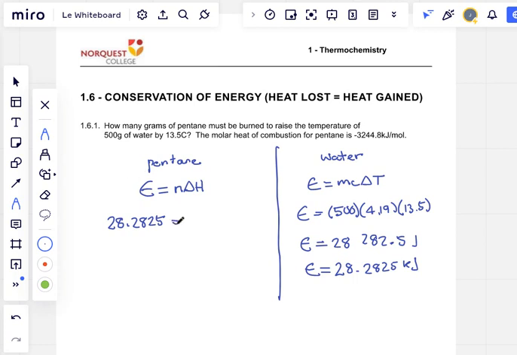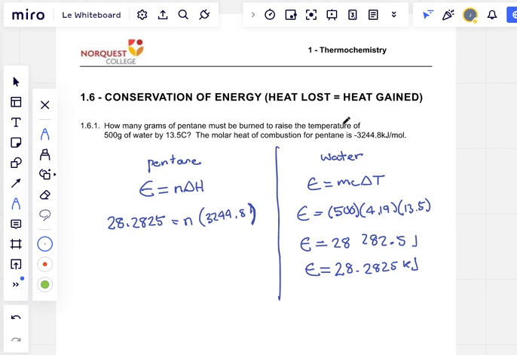And that equals an n that I don't know, it's the number of moles of pentane burned, times, and they generously gave us the delta H, 3,244.8 kilojoules per mole. As usual, I'm suppressing the negative sign because it's just not important for calculations like this.